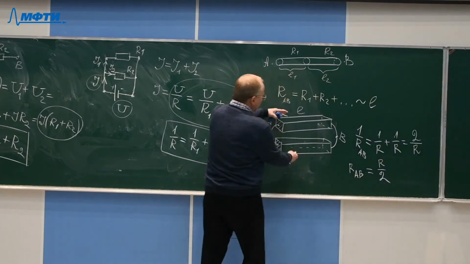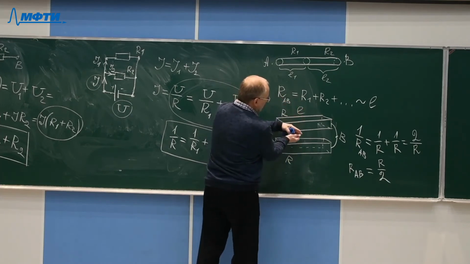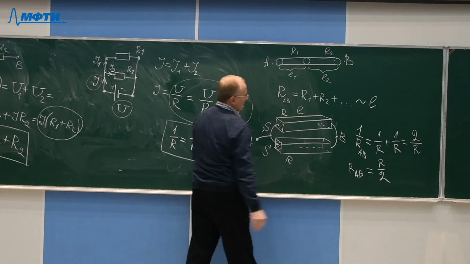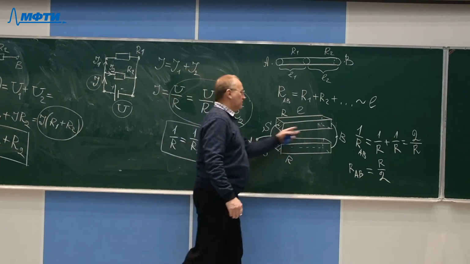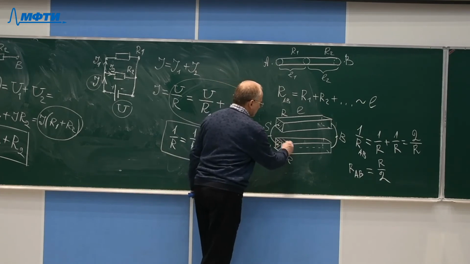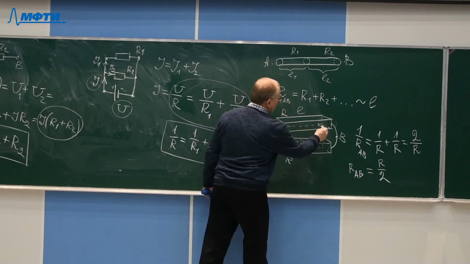Now, if we take these two pieces of wire and stick them together so that they form a single piece of conducting material, so that this surface will be stuck to the lower surface here.